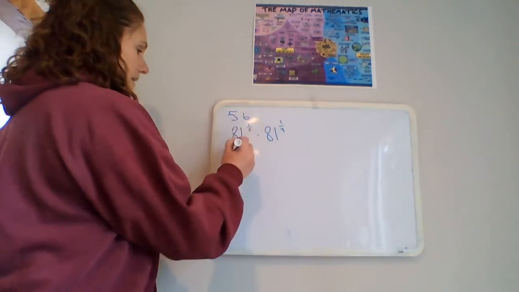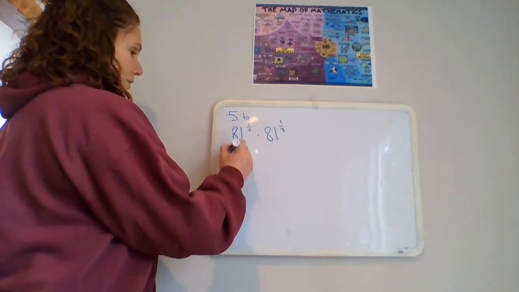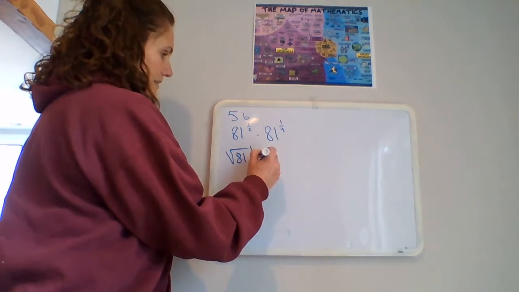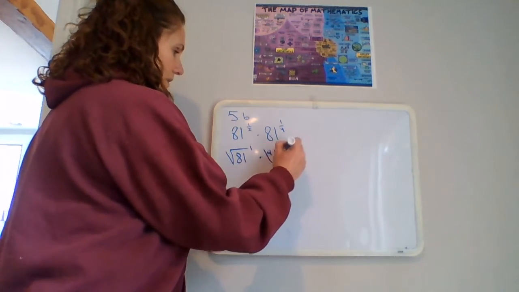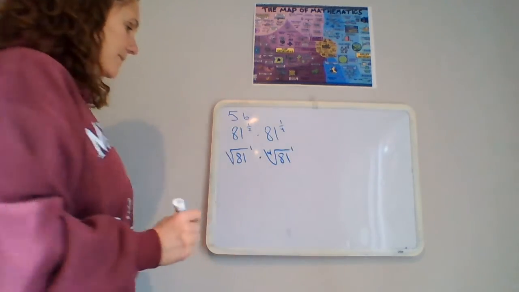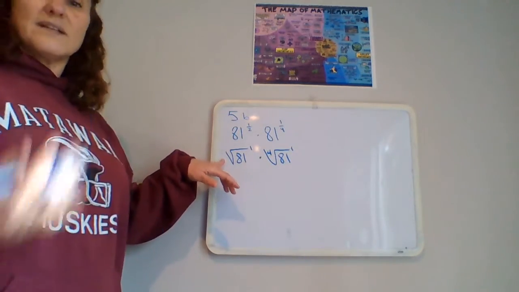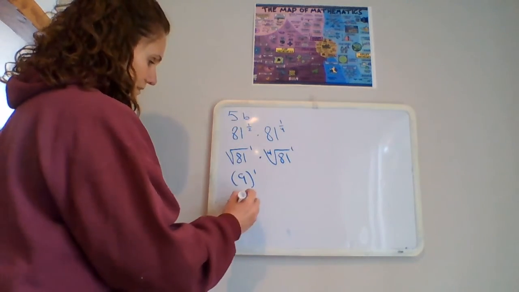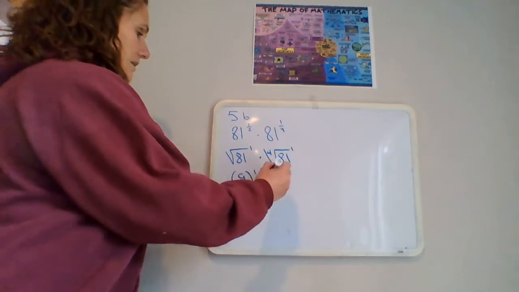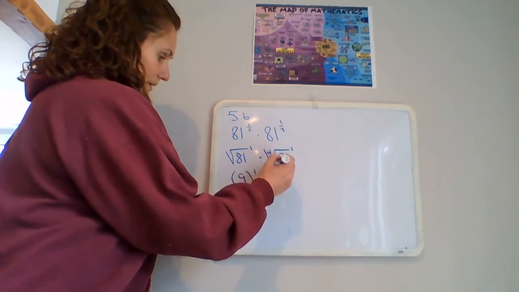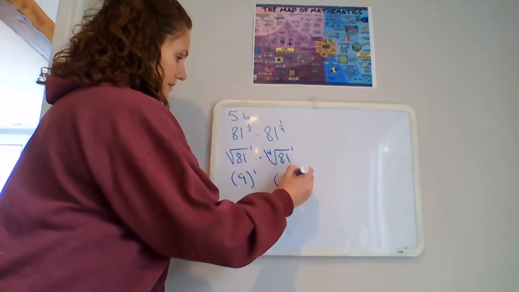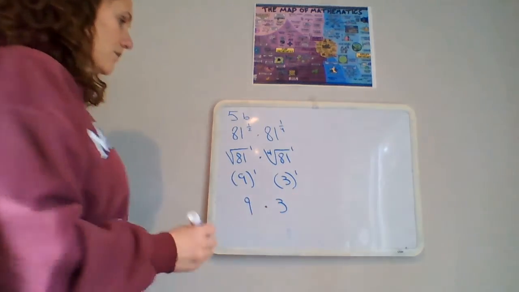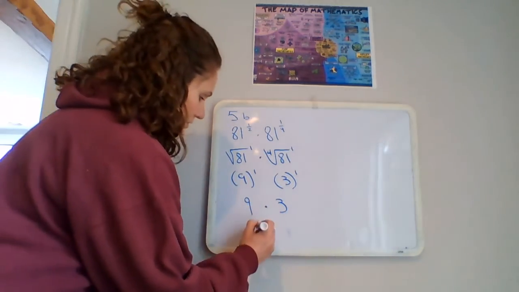One way is, let me think of this as the square root of 81 to the first. And let me think of this as the fourth root of 81 to the first. Square root of 81 is 9. We know that. So this is now 9 to the first, which is 9. The fourth root of 81 is 3 to the first. And 3 to the first is 3. So this is really 9 times 3, which is 27.